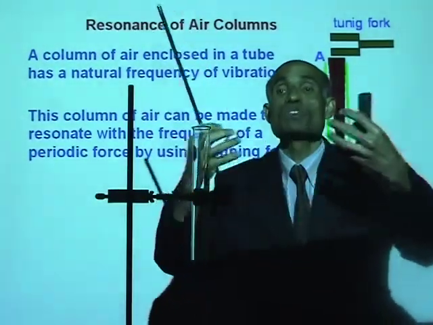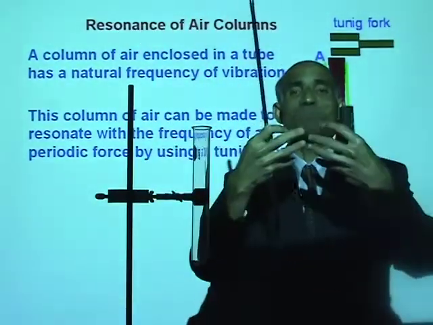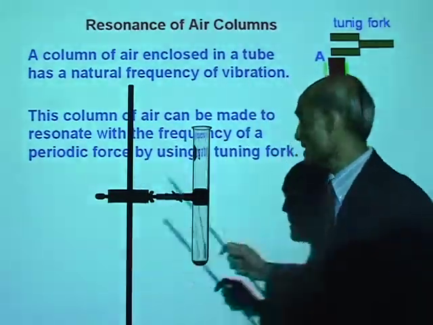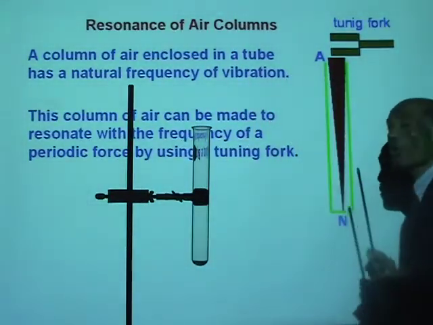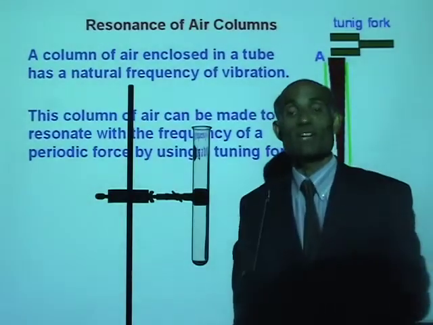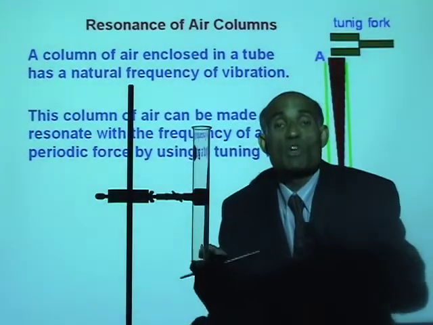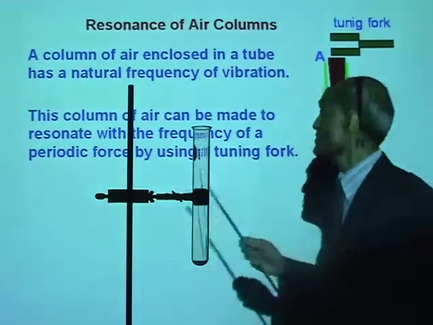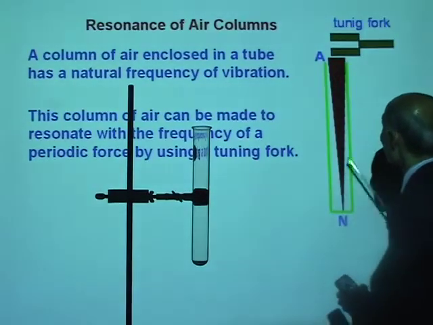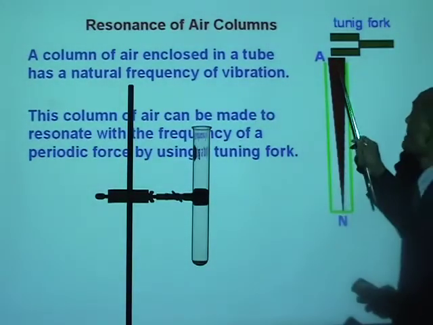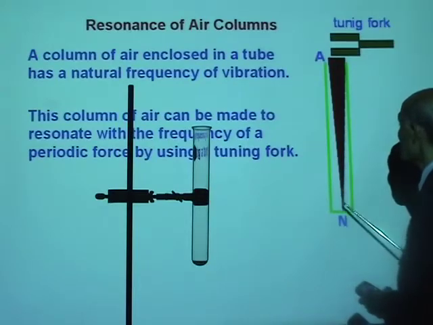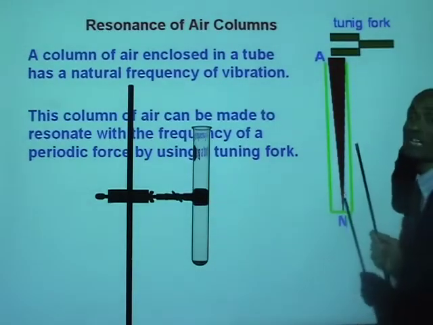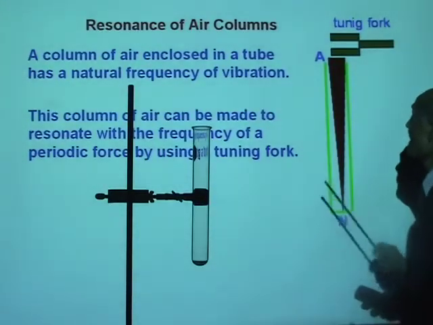An antinode is where the particles have maximum displacement. And at a fixed end, there will always be a node. In other words, the air particles there will not vibrate at all. So look at the mode of vibration inside a tube. There is an antinode at the mouth and a node at the closed end.